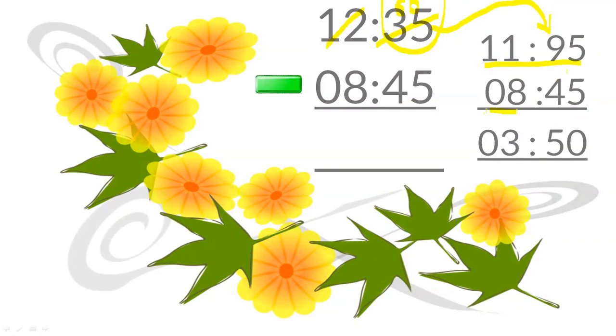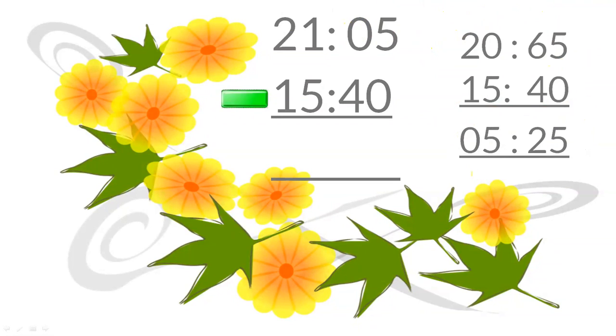And now it's easily possible to subtract. Look, 95 minus 45 becomes 50, while 11 minus 8 becomes 3. So my final answer will be 350. Can you solve it easily from there? Solve such an example again.